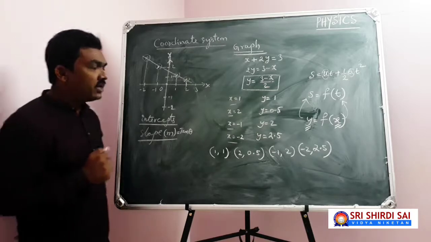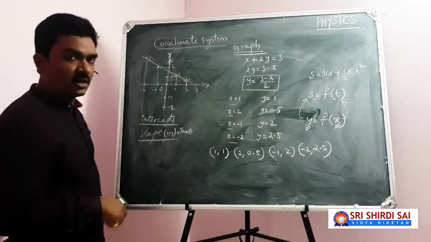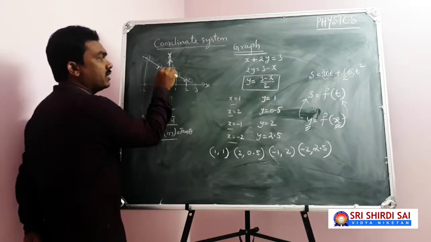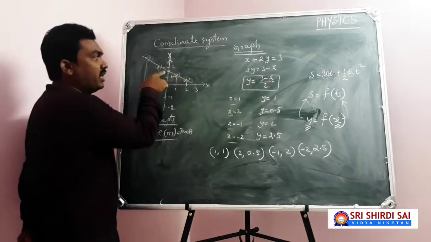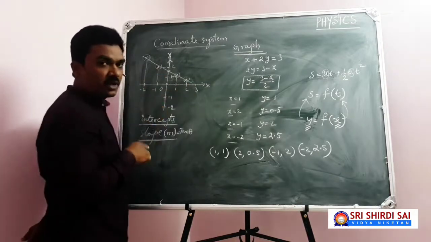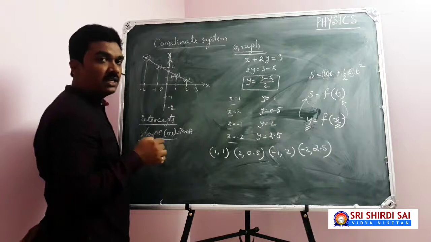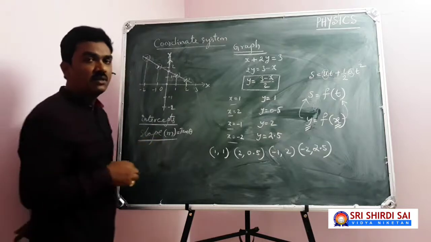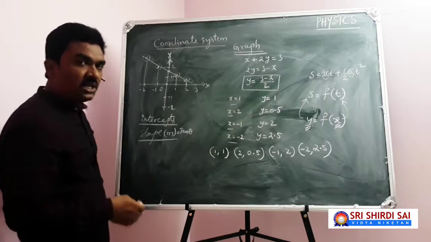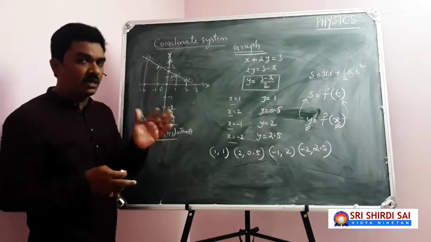Now, your graph, either a straight line or a curve, is going to cut the y-axis at one particular point. Then we call it the y-intercept. It may cut the x-axis at some other point. We call it the x-intercept. Means the points at which your graph, either a straight line or a curve, cuts the axes.